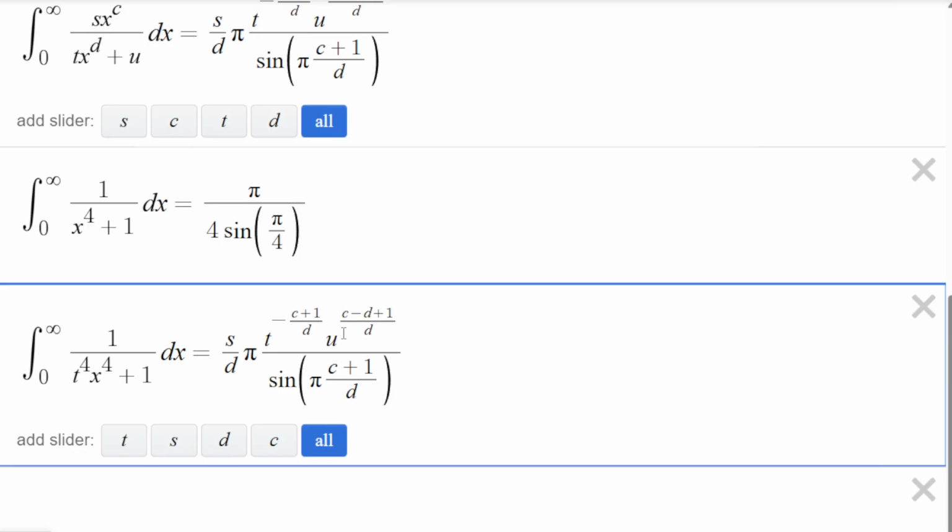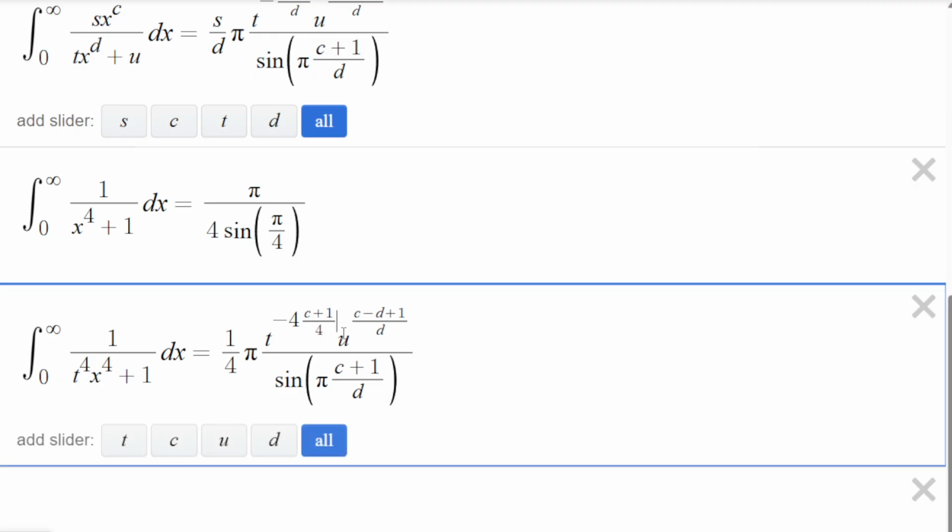Our t term is actually t to the 4th. So what that's going to give us is just a 4 right in front of here. If we have t to the 4th to the negative c plus 1 over d, that's just going to be this. Again, our s is 1. Our d corresponds to 4.